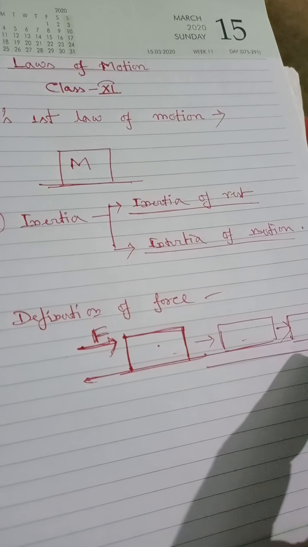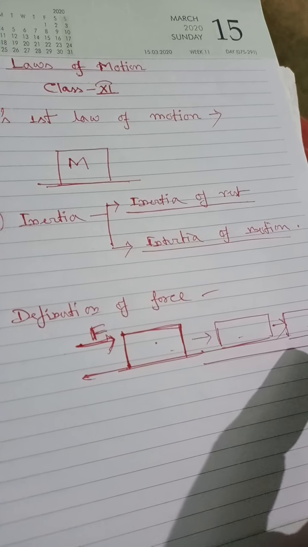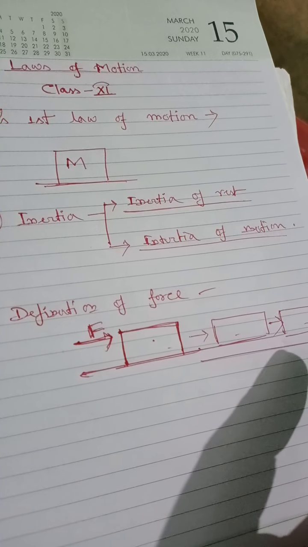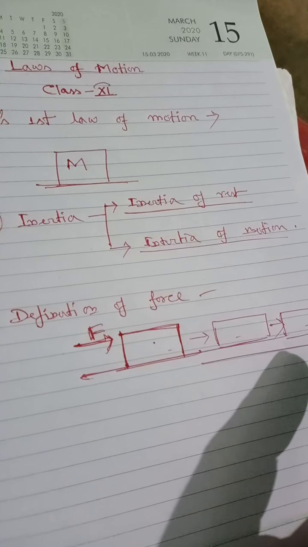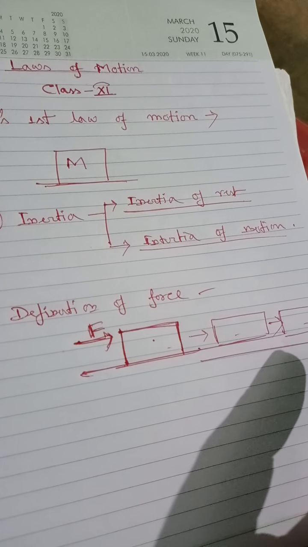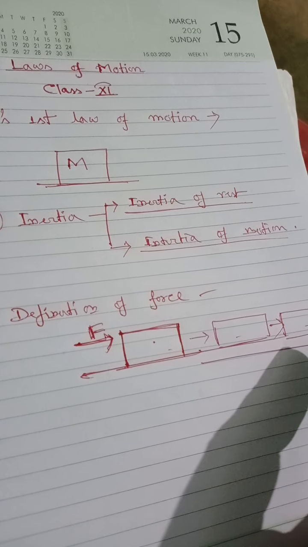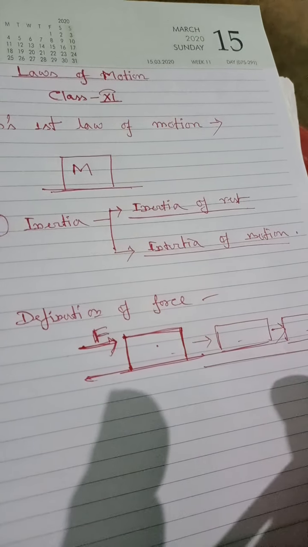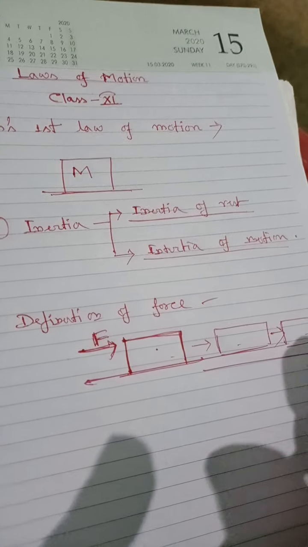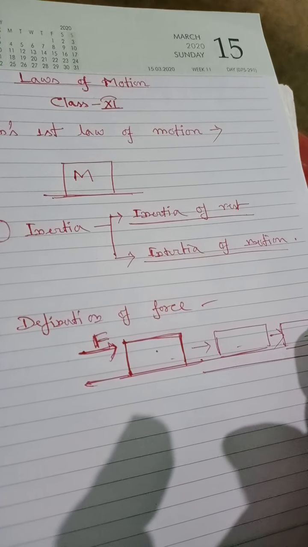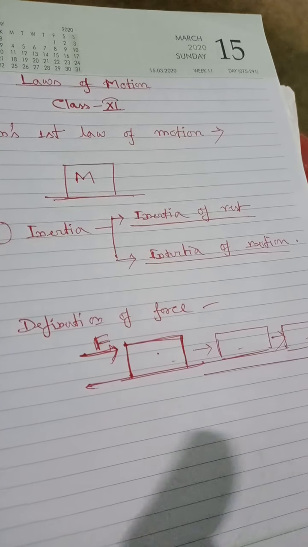Because when the bus is at rest, the lower portion of the passenger which is in contact with the bus is always at rest, and the total body is also at rest. But when the bus suddenly starts, with the bus, the lower portion of the body of the passenger which is in contact with the bus starts to move.